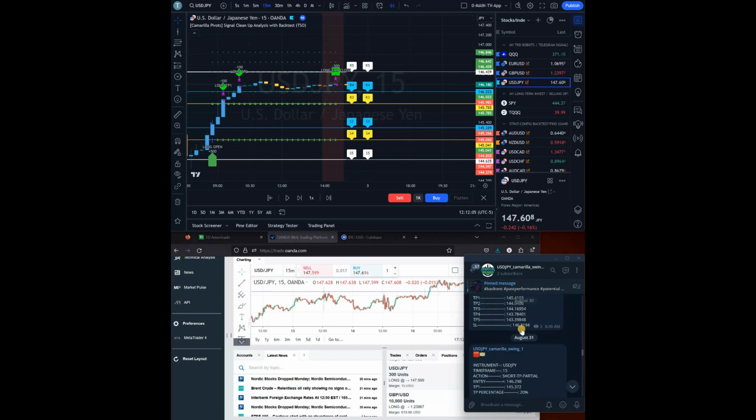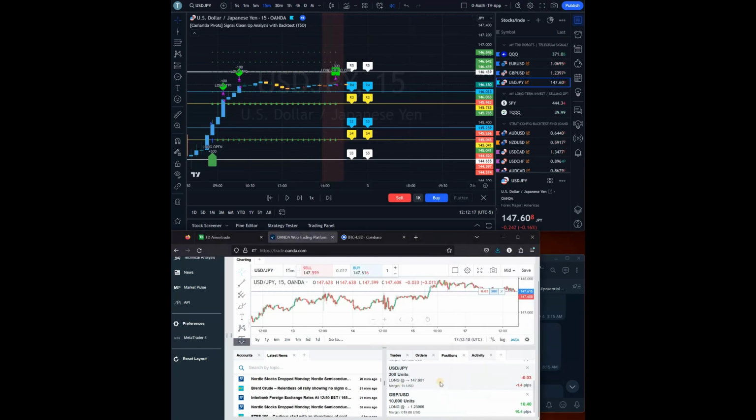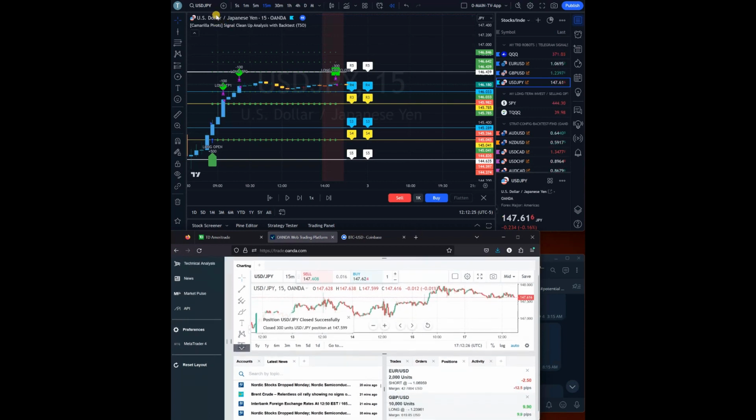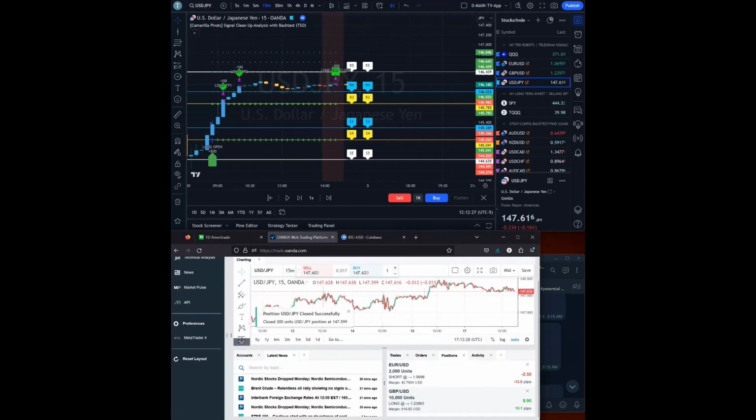Or it's going to be a stop loss, like this. SL, same way, you just close the remaining. So we're just going to close it, and in Oanda you can just completely close it. You don't have to calculate anything, and that's it. It's gone. So that's it for the long position.